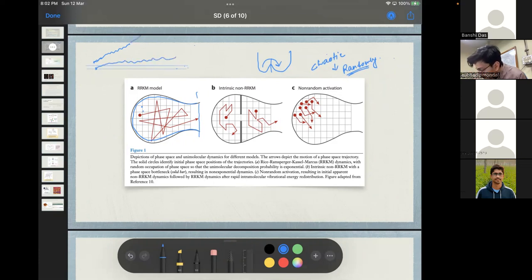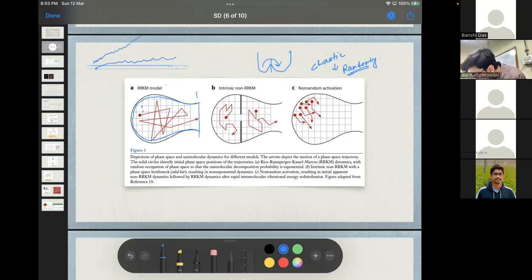So sensitivity to initial conditions means if you choose two nearby trajectories, then at long time the behavior of these two trajectories is completely diverging and completely different.